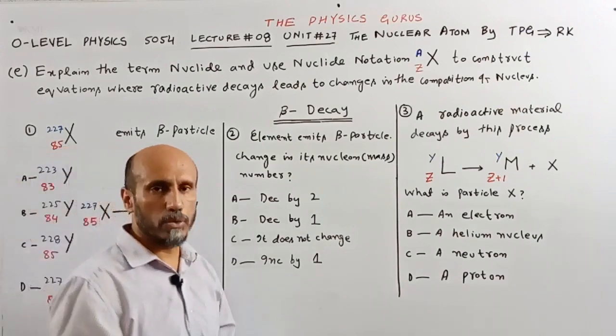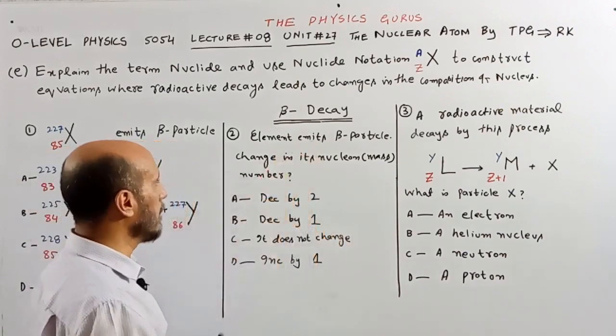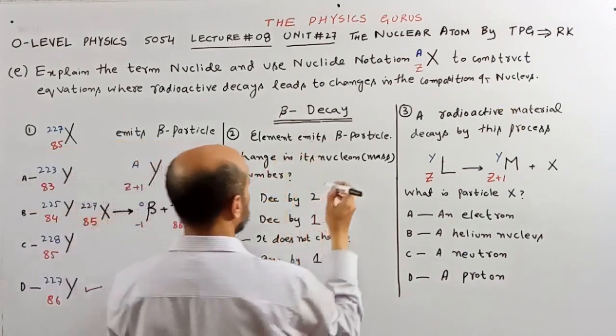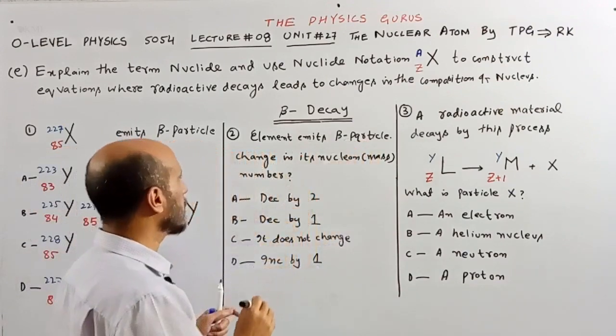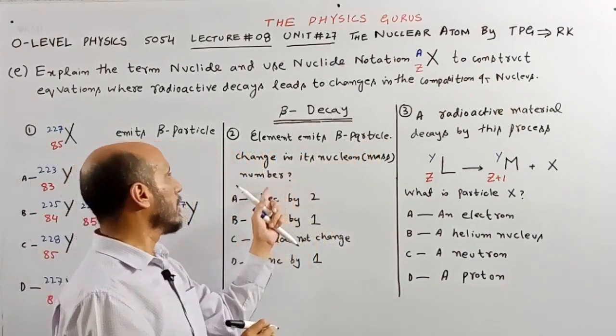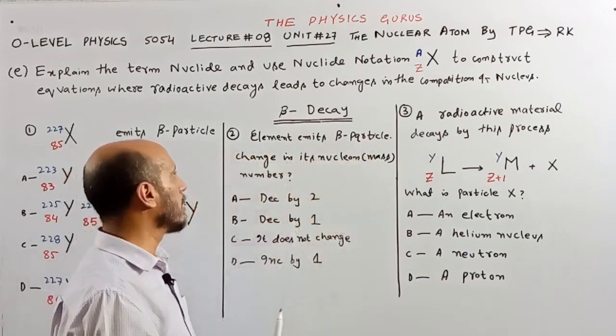In example number 2, it is given that an element emits a beta particle and changes into a new element, and there is a change in its nucleon mass number. So what will be the change in its nucleon, that is, mass number?